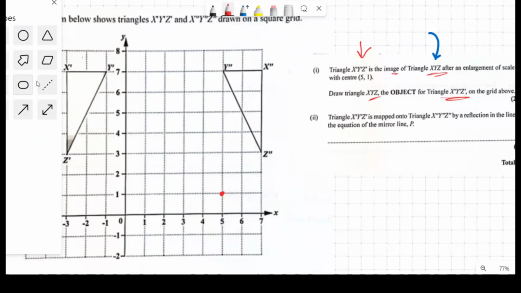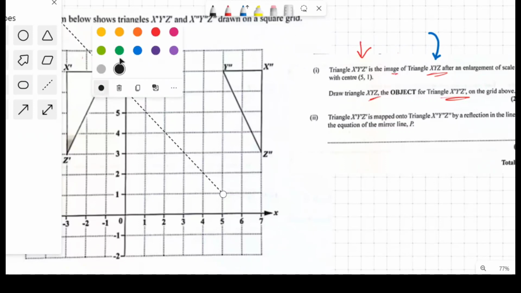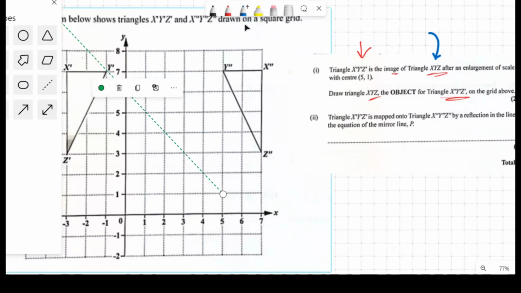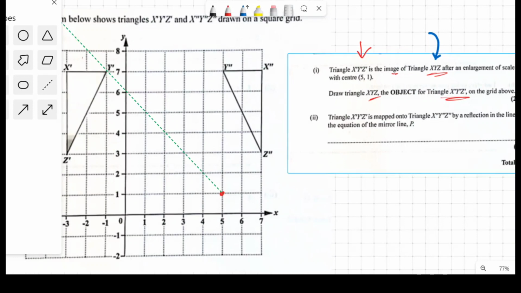The moment they're dealing with enlargement, you can draw some lines out from where they said the center is and draw them through the vertices. Let me put the lines in green. So you notice from the center, I'm drawing it through Y prime. I'm using it kind of to teach us.